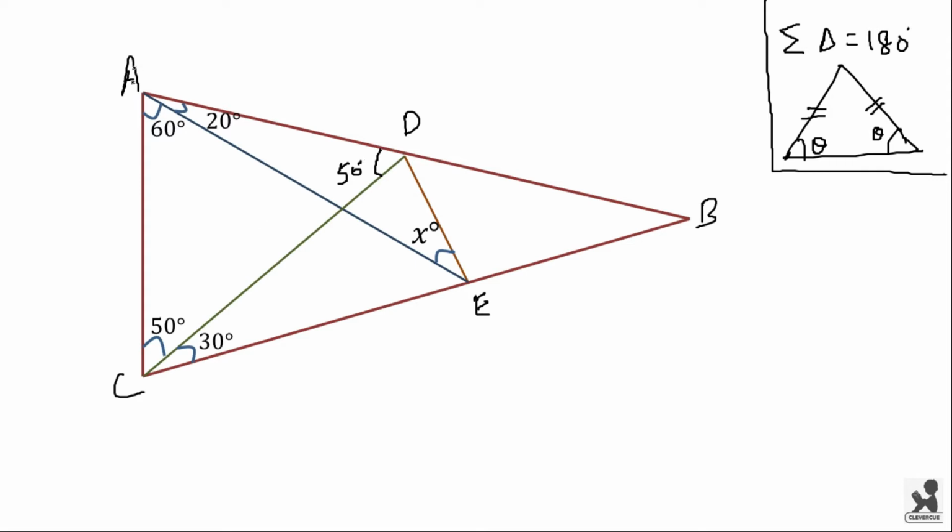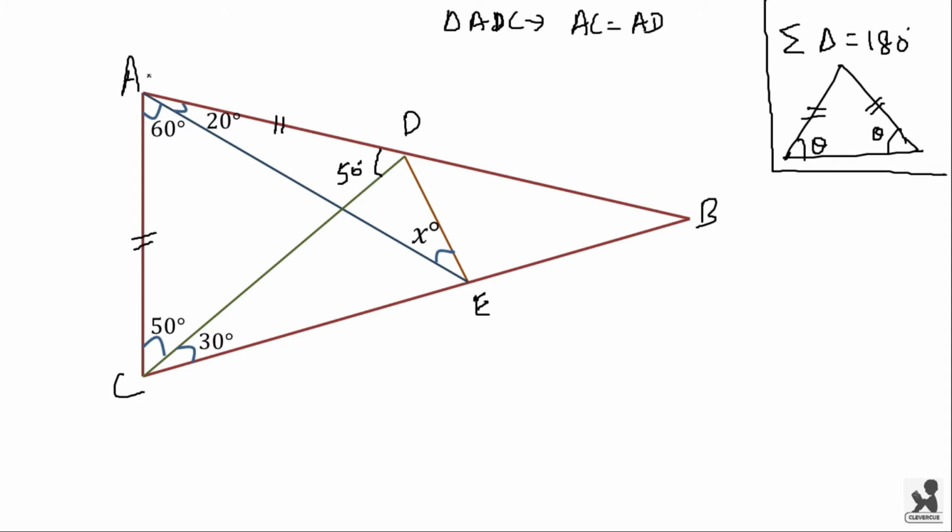And now triangle ACD is an isosceles triangle. Because this angle is 50 degrees and this angle is 50 degrees, the length of AC will be equal to the length of AD. So from triangle ADC we got that AC is equal to AD.